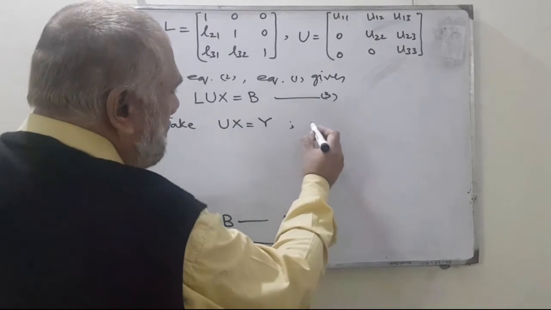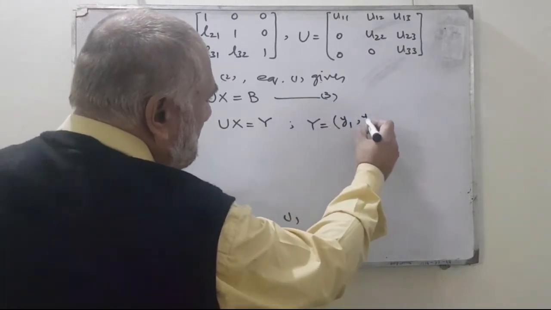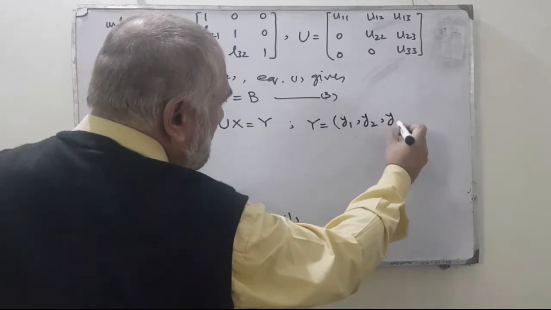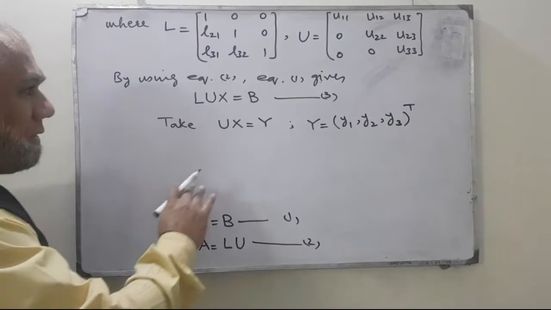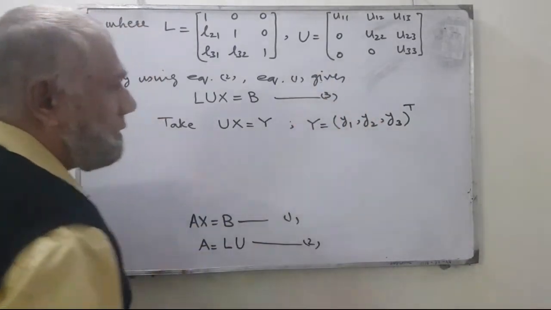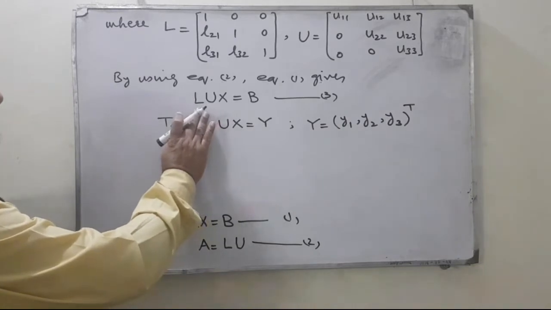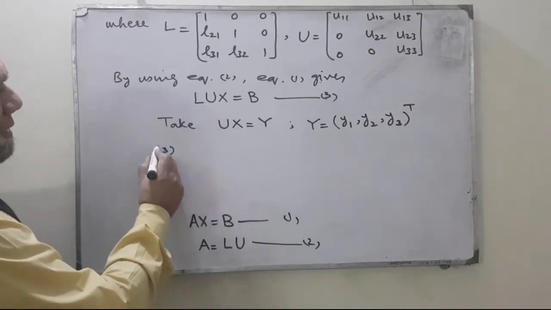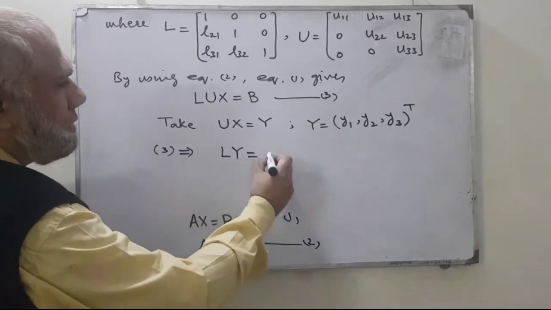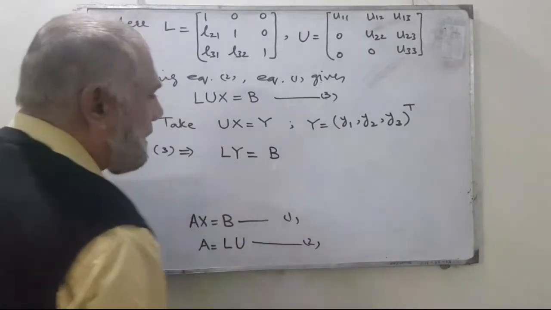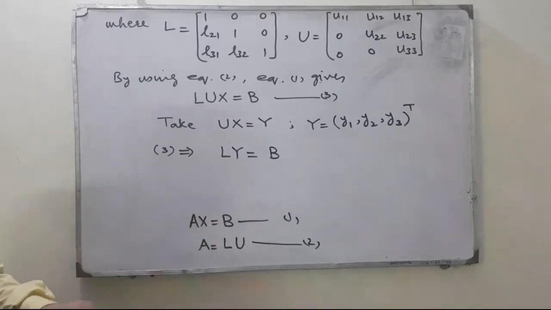Y is a column vector containing as many unknowns as are involved in your system of equations. So here we have taken 3 unknowns because we have 3 unknowns involved in our system of equations. And whenever we substitute this into equation number 3, it takes the form Ly is equal to B. This is the last step you have to do.